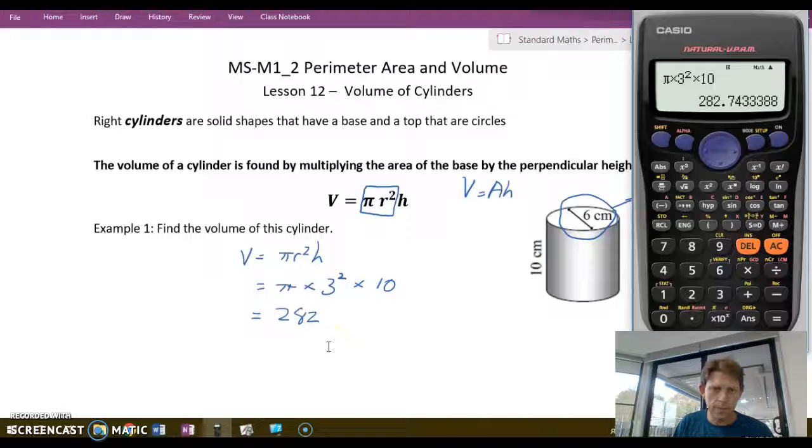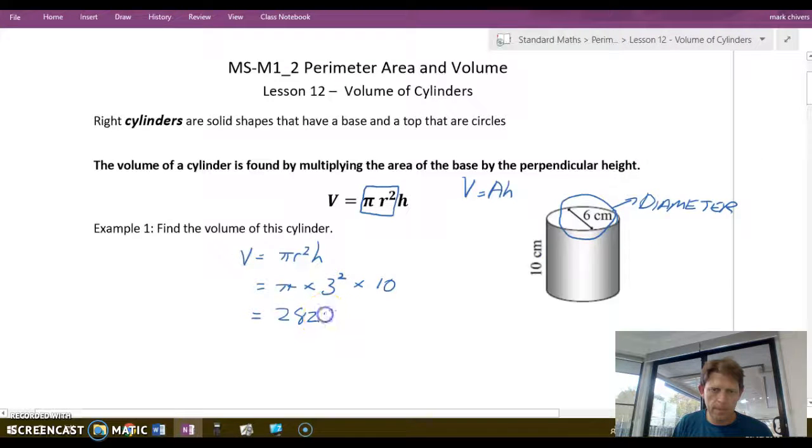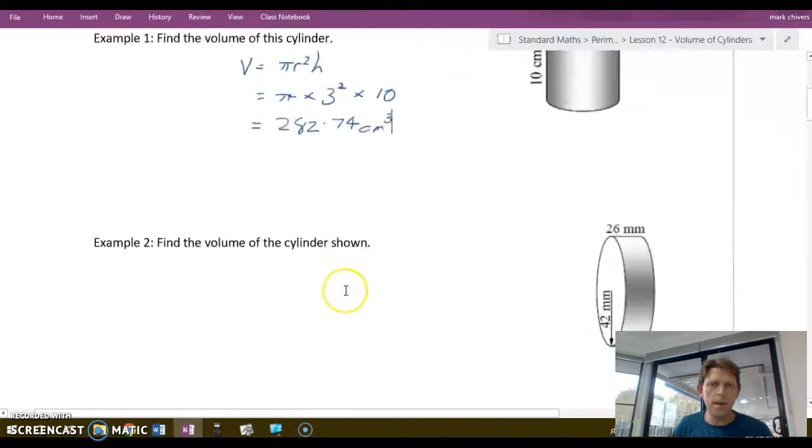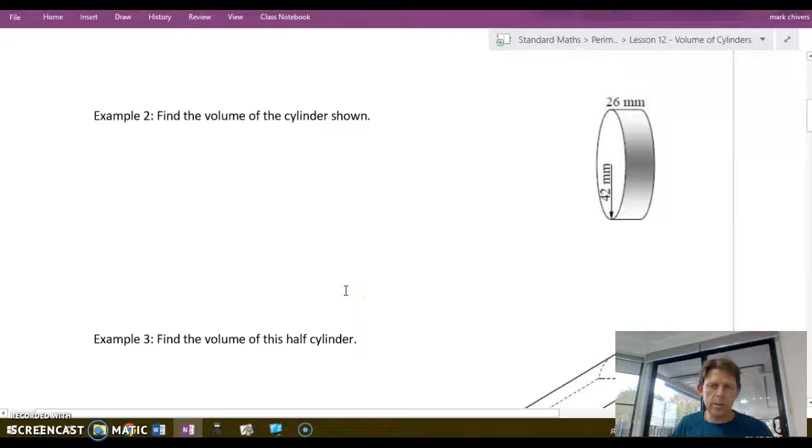How's that sound? And again, we look at the units, and it's centimetres, and we're talking about volume, so we're talking about centimetres cubed.